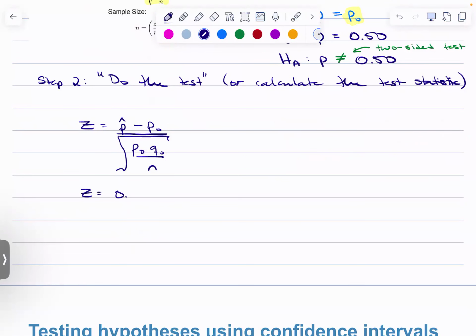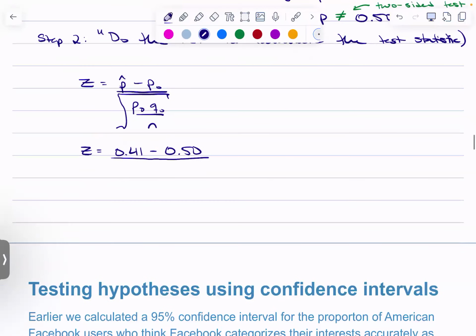Z is, our P hat was 0.41. How far is it from 0.5? Divided by the square root of 0.5 times 0.5. I should say 1 minus 0.5, which is 0.5, divided by 850, right? Our N was 850.